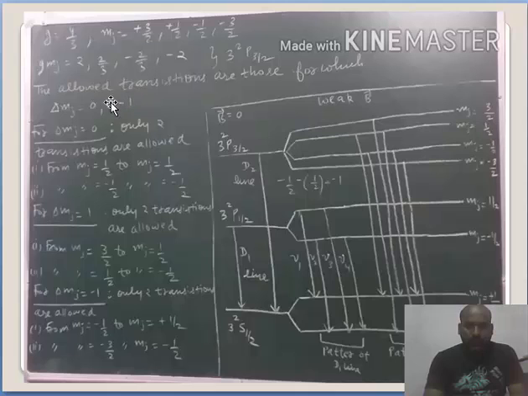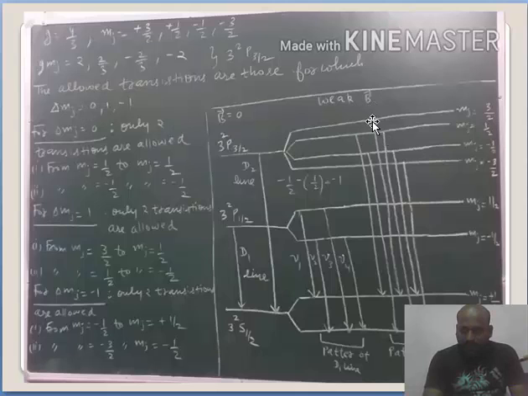Second line, this line is a minus 1/2 transition, and it reaches minus 1/2. So minus 1/2 minus minus 1/2 cancelled, so again we get 0. So again it obeys the selection rule.